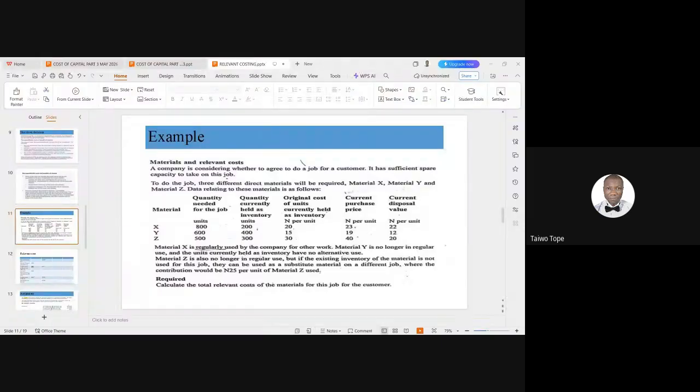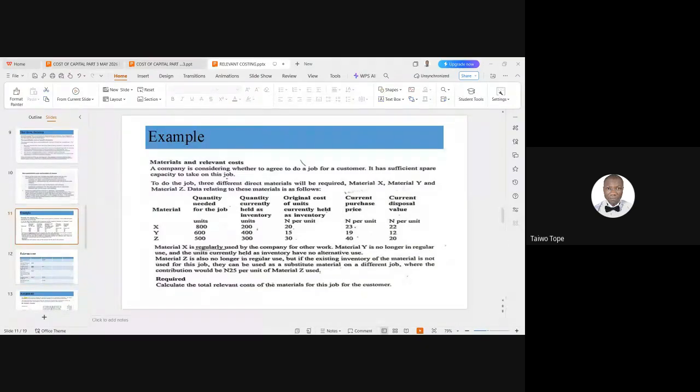600. Yes, 600. Fine. But in this scenario, you look at the opportunity cost of what you have, then the current price of the extra needed. Now, you have 400 in store, right?